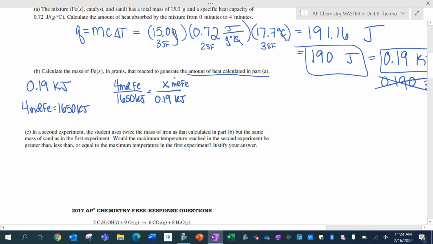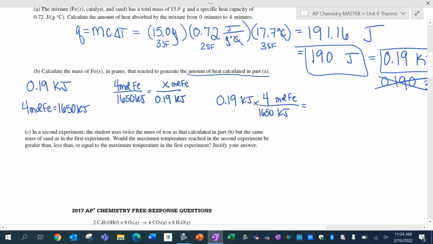And I can rearrange and solve for X. Another way you can think about it is with dimensional analysis. So the value we're starting with is 0.19 kilojoules, and I want to convert kilojoules into moles of iron. So I would say that 1650 kilojoules are released for every 4 moles of iron that react. So that's another way of doing it.